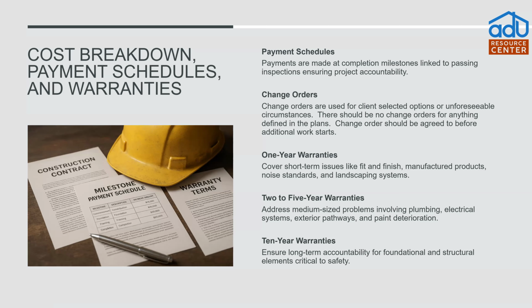Change orders. There's good change orders and there's bad change orders. The bad change orders are the ones that you didn't want to happen, the surprises, the unforeseen conditions. And then there's going to be plenty of change orders that come from your choices. As you get started in this project, you might go, oh, what if I build this? There's a nice backyard out here.